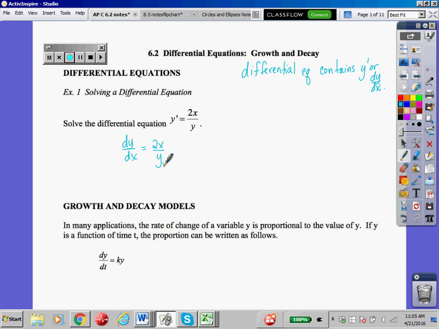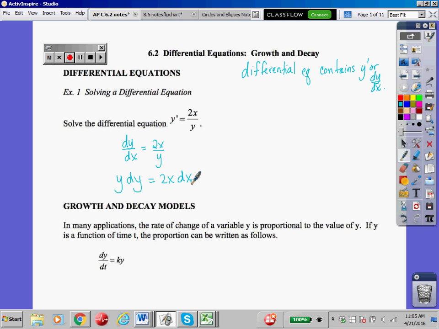So then what we do is you want to multiply both sides by y, and I'm going to multiply both sides by the dx. So this is going to give me, do you understand what I did? The y is down in the bottom, so I multiply by y. The dx is down in the bottom, so I multiply by dx to both sides of the equation.